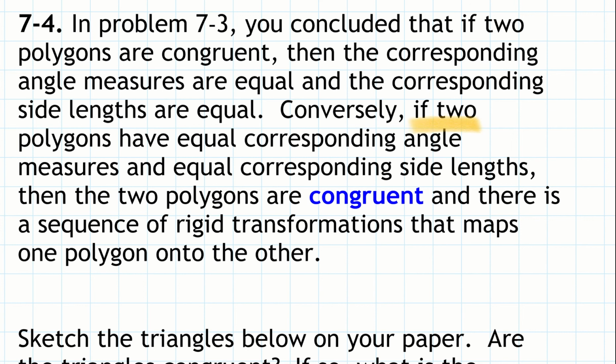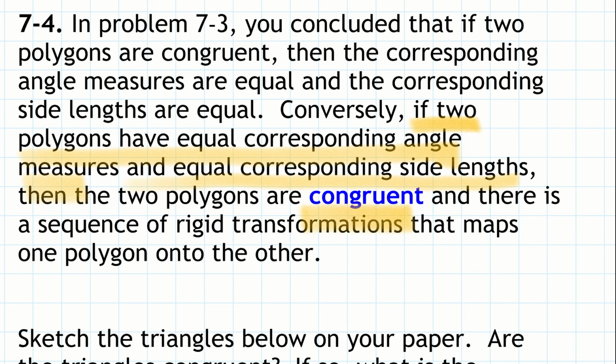So basically it says, hey, if two polygons have equal corresponding angles, so if all the corresponding angles have the same size, same measure, same number of degrees, and equal corresponding side lengths, so if the side lengths that are matched up together are also equal in length, then the polygons are congruent.